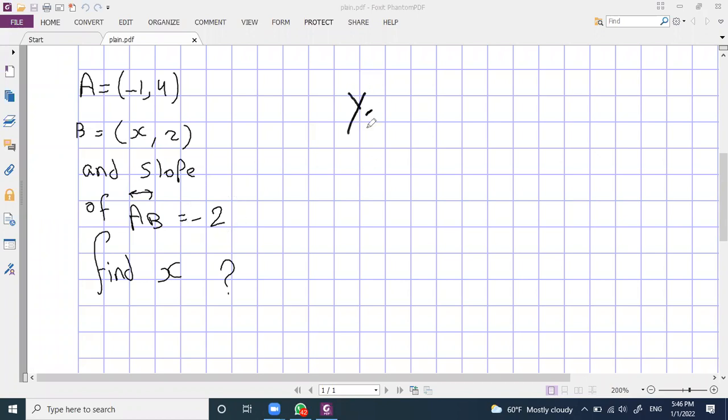So you will say the slope, y2 minus y1 over x2 minus x1, equals -2. So we write 2 minus 4 over x minus -1 equals -2.